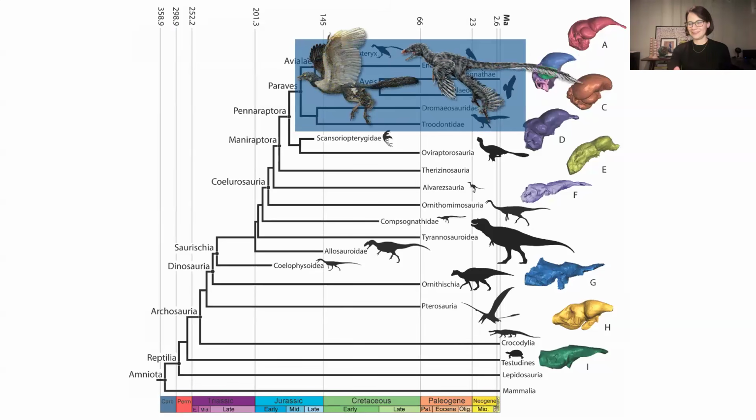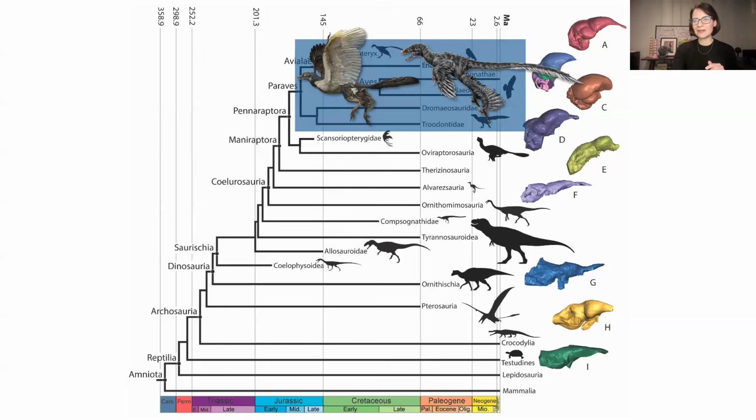So once again, here's para-aves. And Pinoraptora is just right here. So it's this larger group that would include para-aves, but actually diverges before para-aves does. So what's going on here? Why do we get this increase in cerebellar size at Pinoraptora?